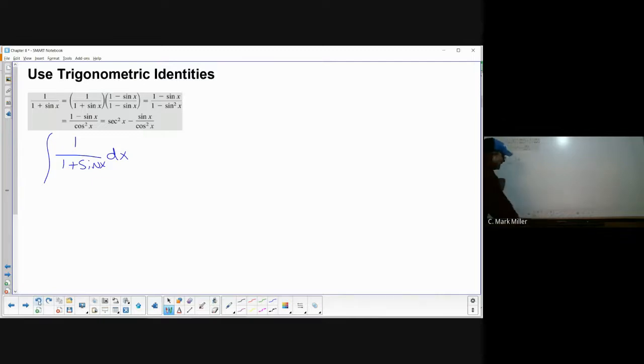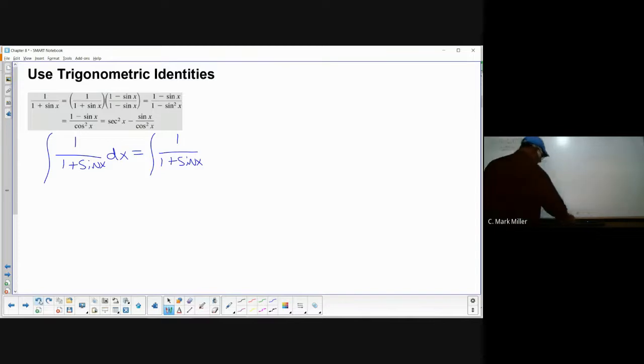And so this is an algebra, but also trig technique, where you multiply the top and bottom by the conjugate. You have this in the bottom, its conjugate has the negative there. So you multiply by 1, and you're going to see this with other trigonometric functions, like cosecant and so forth.